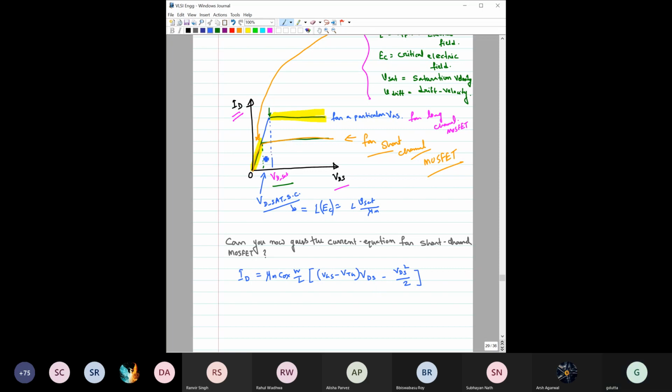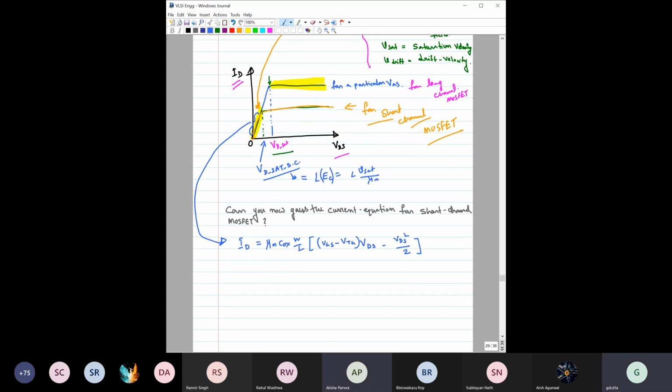Because till this, the equation is valid, isn't it? Yes, sir. Now can you comment what is going to happen for this region? For this region, we can replace VDS with VD sat.